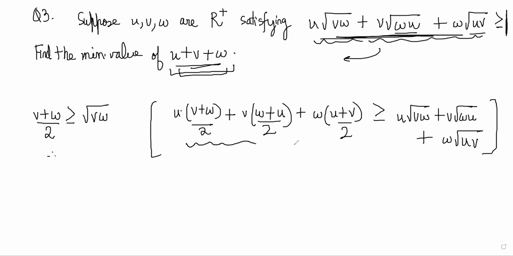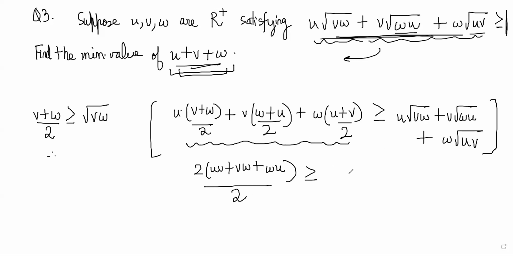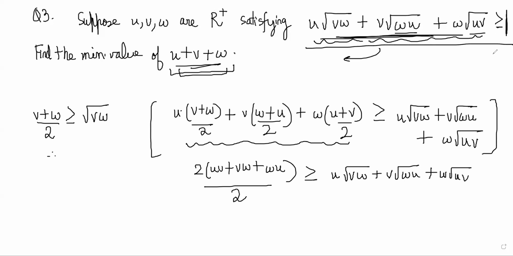And now we have something which can simplify as twice of (UV plus VW plus WU) by 2 is greater than or equal to this expression U root VW plus V root WU plus W root UV. We know that this is greater than or equal to 1.